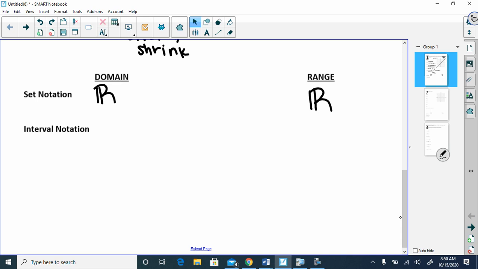Well, if we said that it's going to go to the left forever, that's into the negatives, so negative infinity. And we said it's going to go to the right forever, which would be off to positive infinity. And we said it's going to go down forever and up forever. So that would also be from negative to positive infinity.